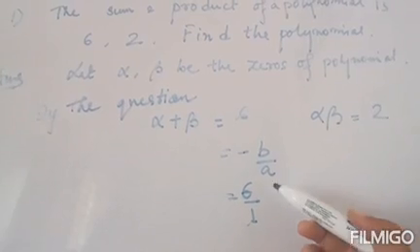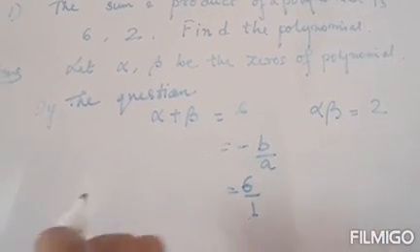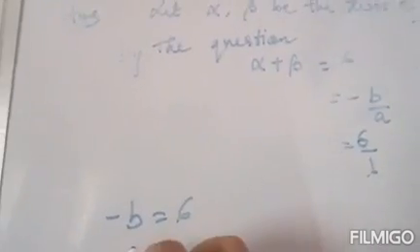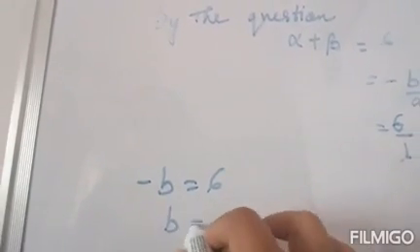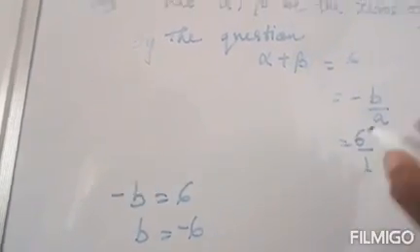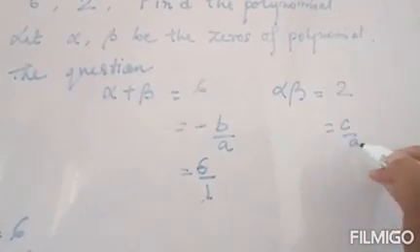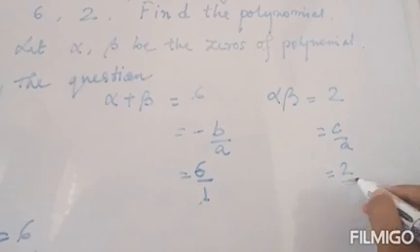So from here we can say minus b means 6, or b means minus 6. Here also, alpha beta means c by a, which means 2 by 1.